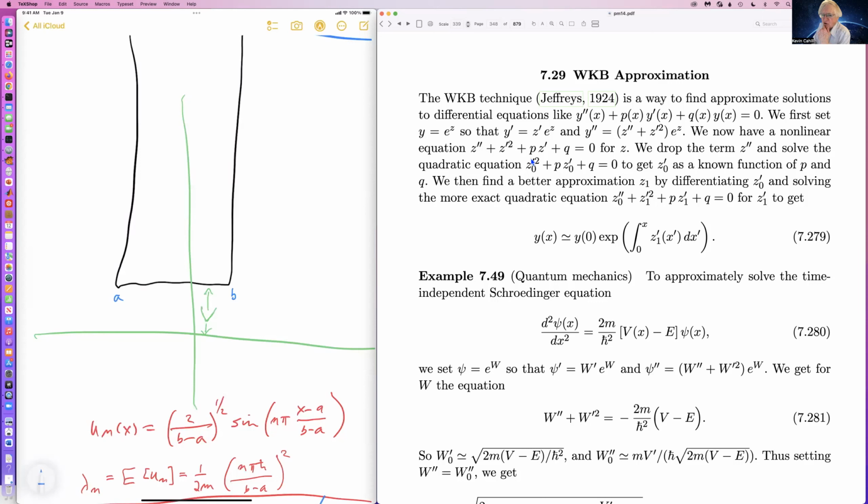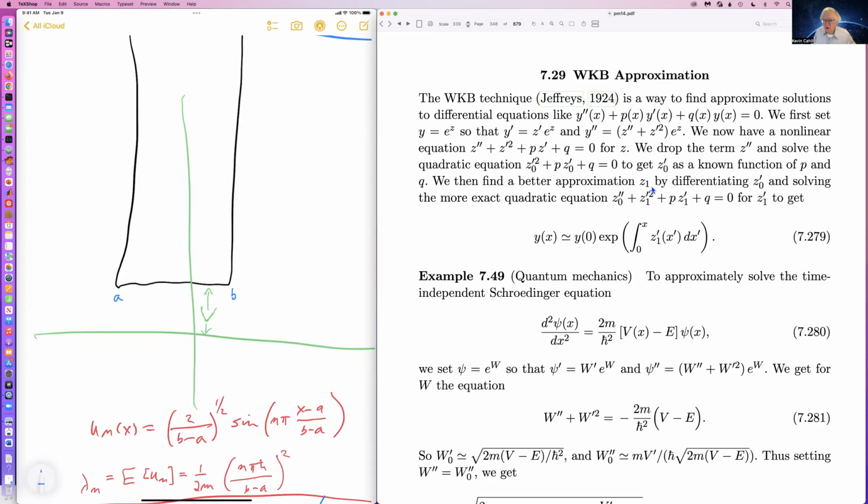And so you just solve for the lowest order solution, z0, keeping just these three terms. So z0 prime squared plus p z0 prime plus q equals 0. And we know what p and q are. You're given those. And so what we then do is solve the quadratic equation.